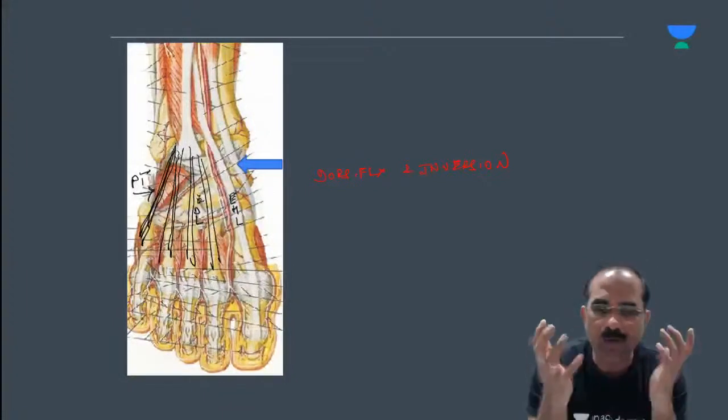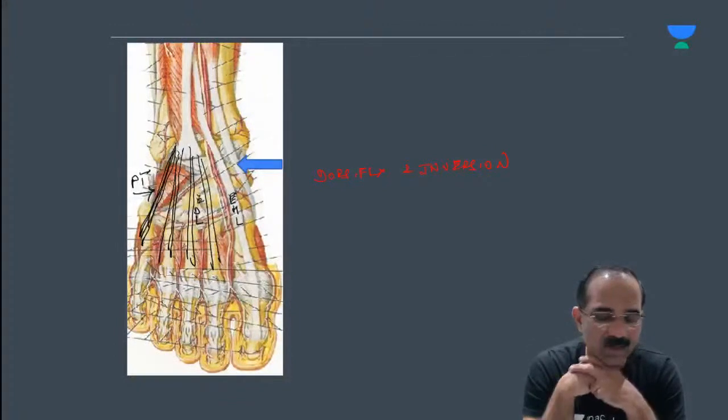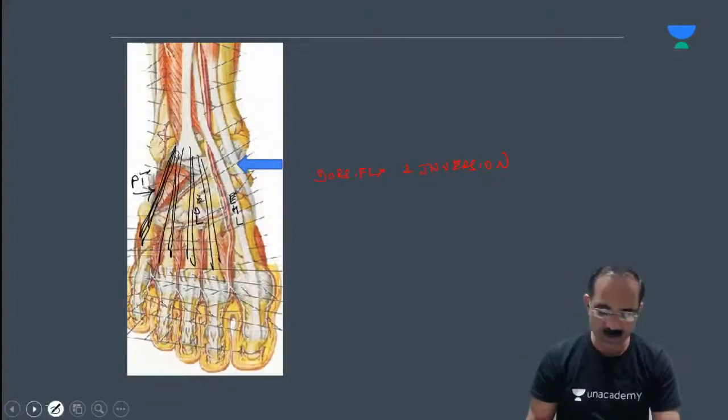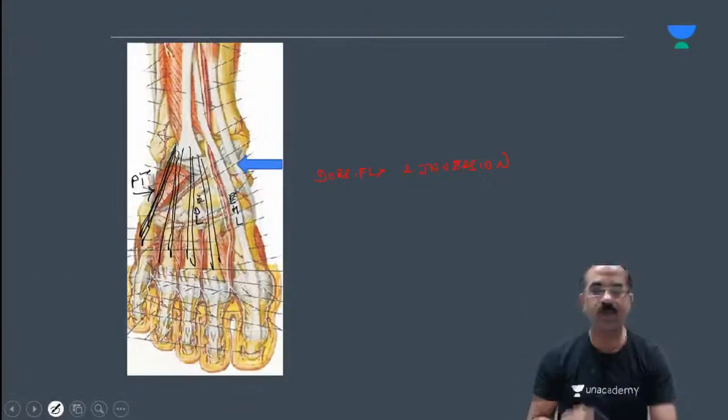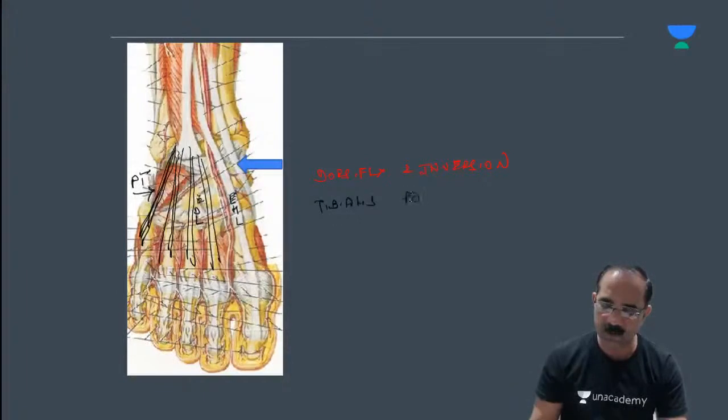Which are the very powerful inverters of the foot? Can anyone enumerate them? These are in the posterior compartment, the deep muscles of the posterior compartment. That's the tibialis posterior, flexor hallucis longus, and flexor digitorum longus.